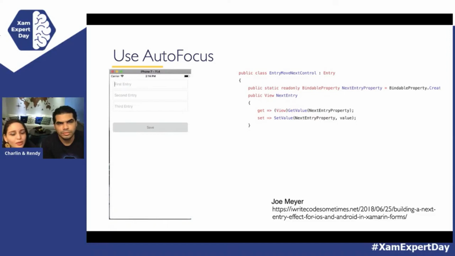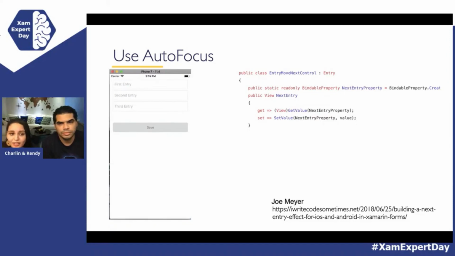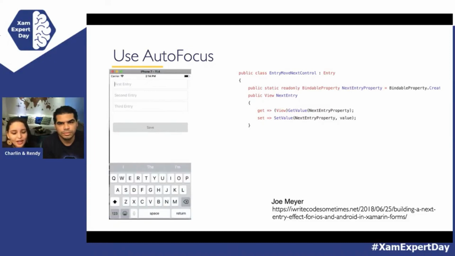You wrote an article a while ago, but I can give you a spoiler about it because I read the article, and it basically says to select what's going to be the next entry and just change the focus. It doesn't have many lines of code. It's pretty simple, but it's these small things that add value to your application.